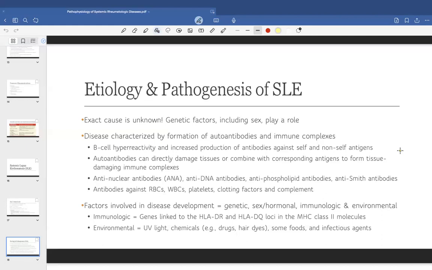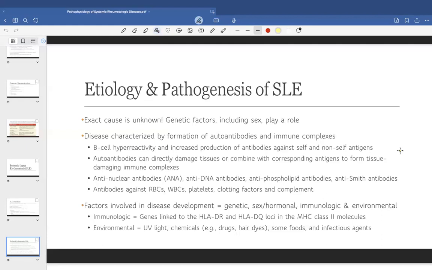So as far as your multi-factors: genetic, sex/hormonal, immunologic, and environmental. If you break it down into immunologic and environmental, your genes are linked to HLA, DR, and DQ loci, as opposed to HLA DRB1s.